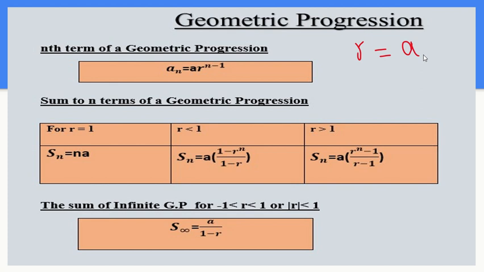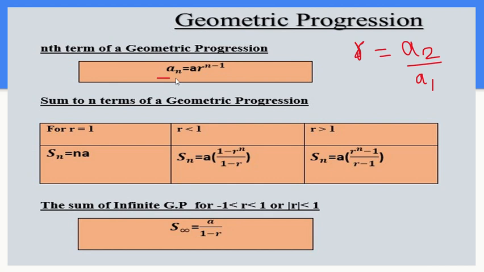Here it is multiplication of terms, so we will divide: A2 by A1. The common ratio will always be constant. In AP you say common difference, but in GP you say common ratio. So to find the common ratio, it's A2 by A1, second term by first term.